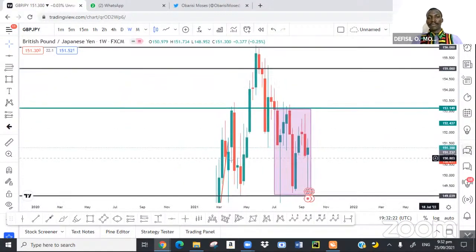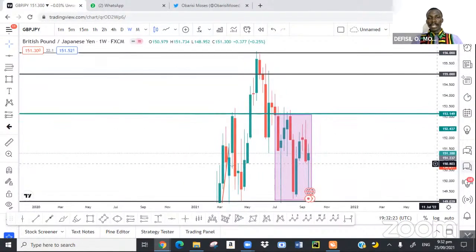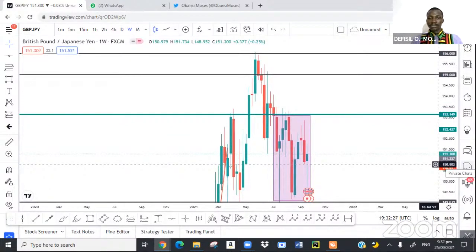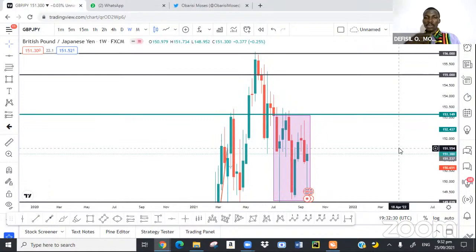Okay, on the weekly time frame, we have a market that was previously in a downtrend and is now reversing to become an uptrend.